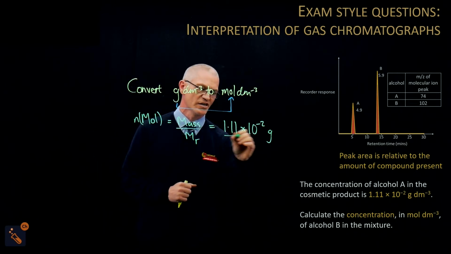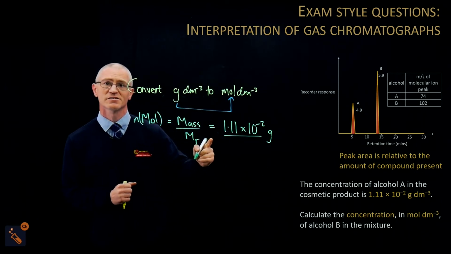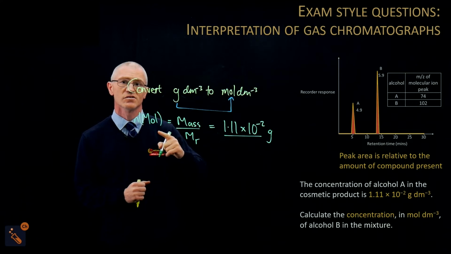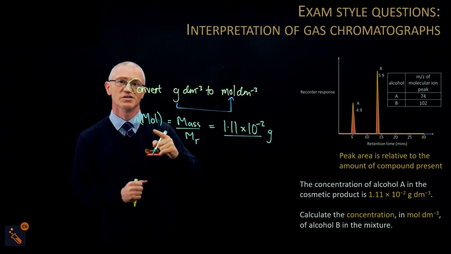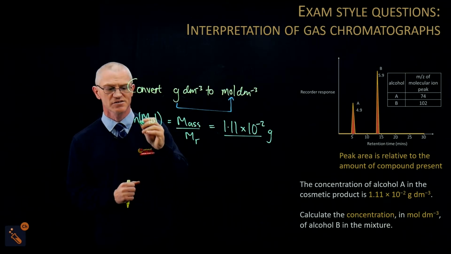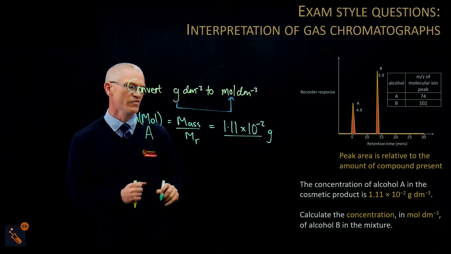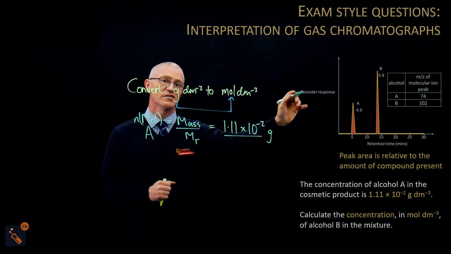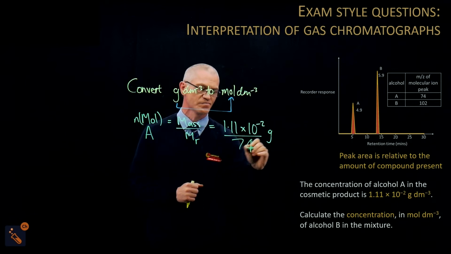We're going to divide that by the molecular mass of our first one, which is A. This is our number of moles of A, and A up there, you can see, is 74.